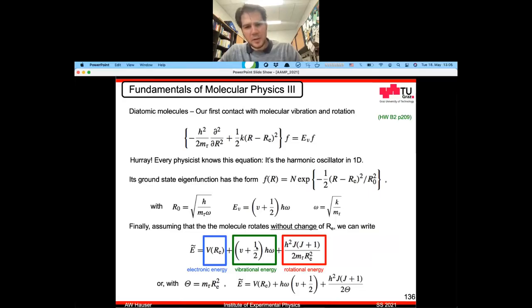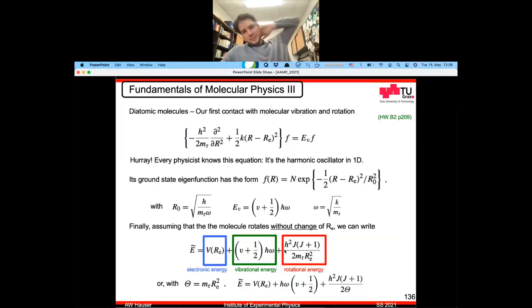And what we do in the diatomic case is we simply take h bar squared divided by 2 mu r squared as a constant b, which is specific for this molecule and which we denote as the rotational constant. And then our energy expression for rotation is very simple. It's just b times j(j plus 1).